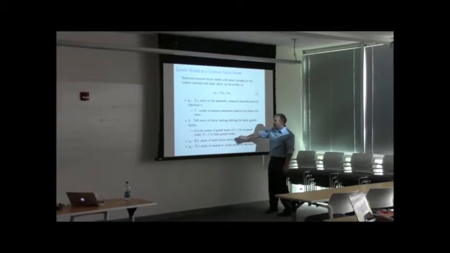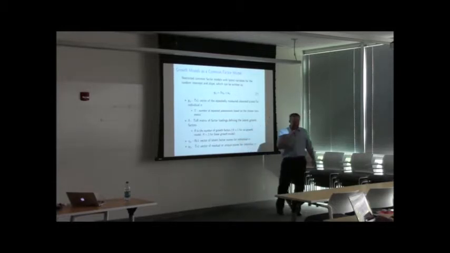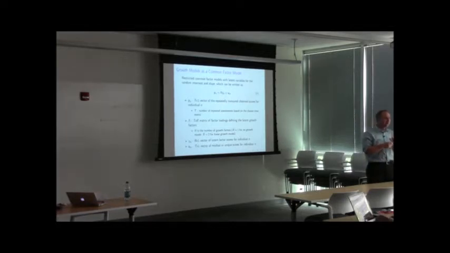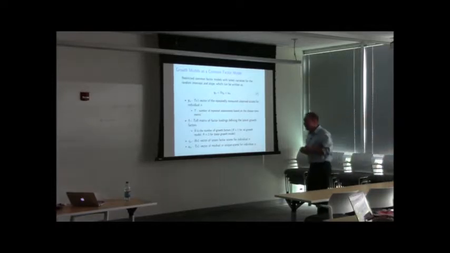The factor scores: if we have a no-growth model, we're just going to have one factor. If we have a linear model, we're going to have two factors, an intercept and a slope.